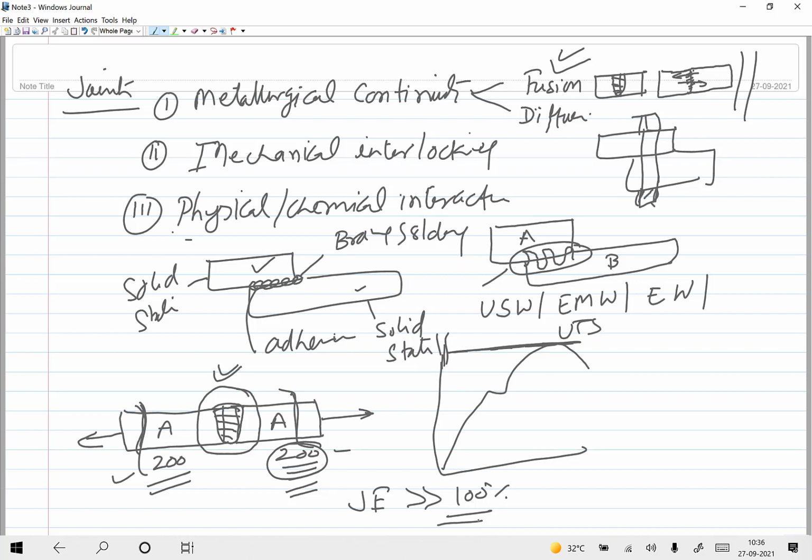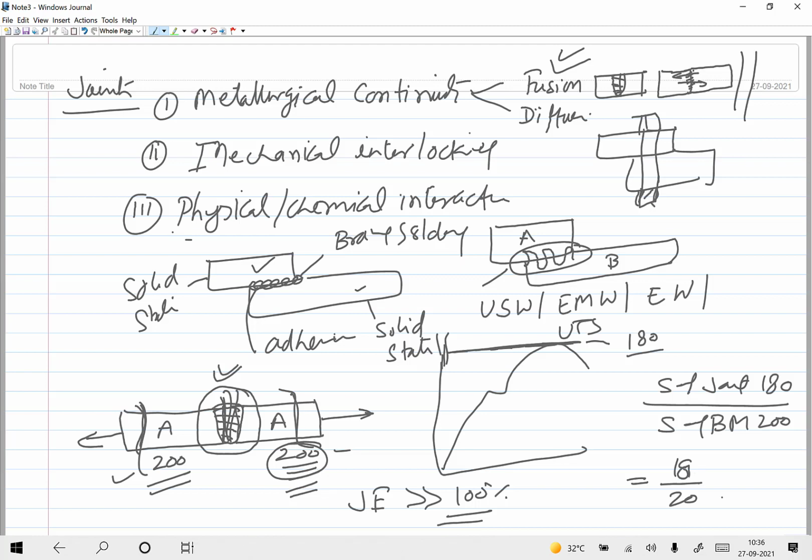But if that is not the case, if we get a joint strength of, say, 180 MPa, and the failure occurs from the interface, from the weld itself, then the strength of the joint, that is 180 MPa, divided by the strength of the parent metal or base metal, that is 200 MPa, gives basically 18 by 20.